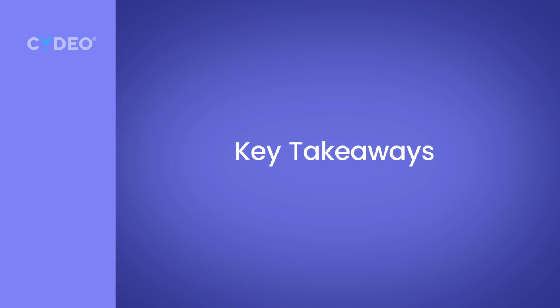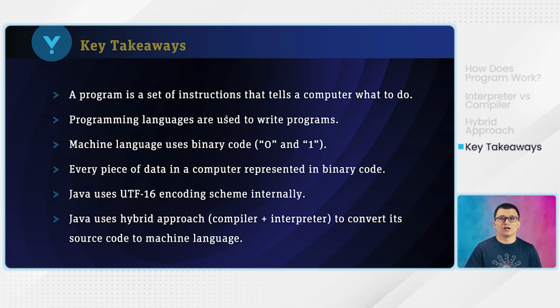So far in this module, we have talked about programming, machine language, binary, and also the base 2 system, base 10 system, as well as character encoding and how programming works. So here are a few takeaways from this module. After completing this module, you should know that a program is a set of instructions that tells the computer what to do.